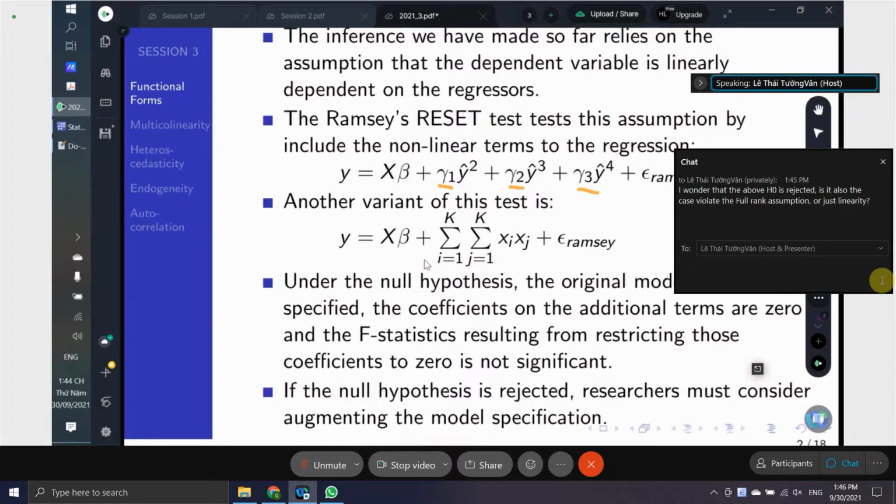You include them as new explanatory variables, and you test for their significance level. You test simultaneously that these variables are relevant.